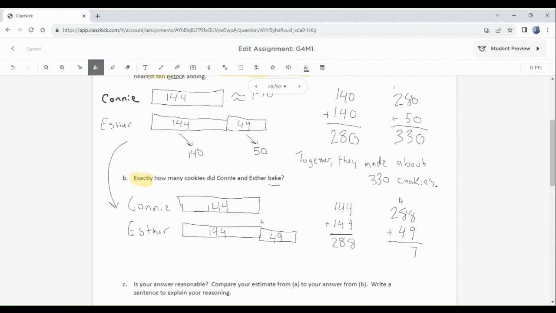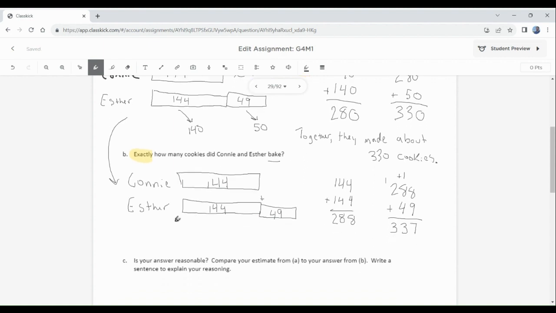Bring down my 7, carry my 1. 1 plus 8 is 9, plus 4 is 13. 1 up here, and 1 plus 2 is 3. So I could say pretty much the same exact sentence, except I'm going to substitute in 337 rather than 330. So together, they made 337 cookies.